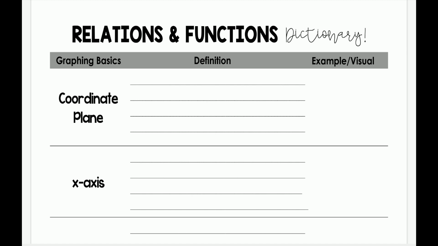So, the first one is the coordinate plane. And the definition is going to be formed by the intersection of two number lines, and that's the horizontal axis and the vertical axis.